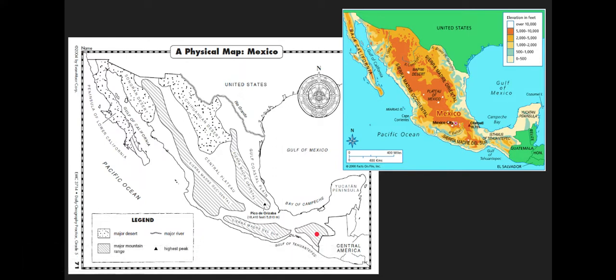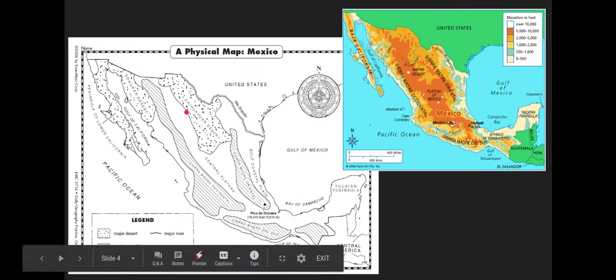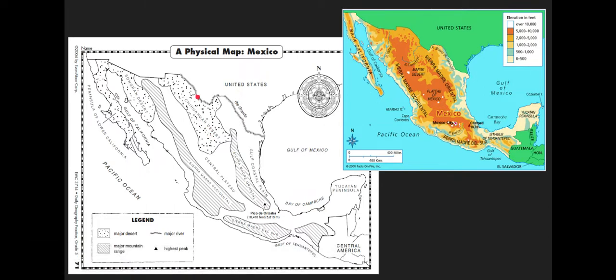Not only do they have mountains, they also have two really large deserts. This one is called the Chihuahuan Desert. It forms a border with Arizona, New Mexico, and Texas. And then if you go to the west, they have the Sonoran Desert. It actually comes up and over here by Arizona and California.